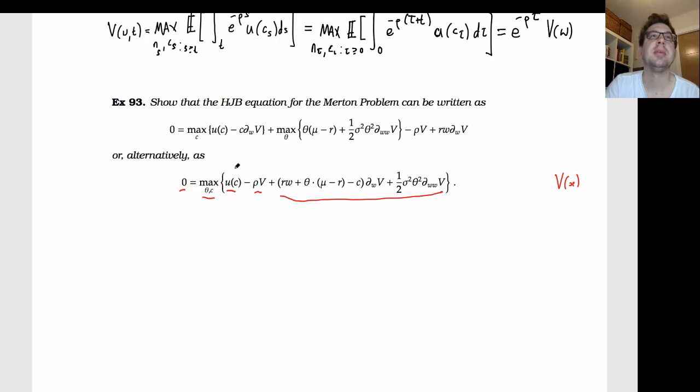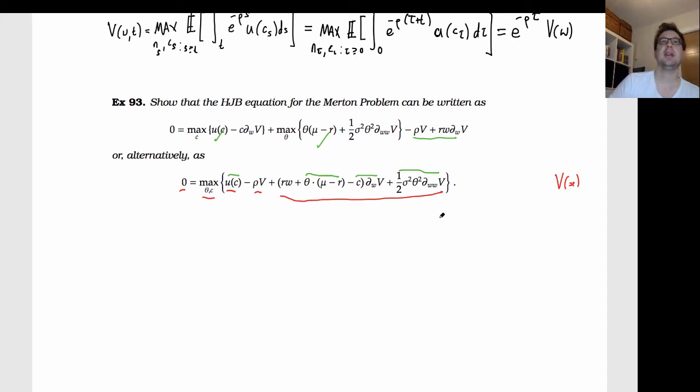If I just pick up the terms that are to do with C, then this term is to do with C, and this term is to do with C. That just gives me this expression over here. Then I pick up the terms that are to do with theta, which is essentially this term and this term here, and then all the remaining terms don't have anything to do with theta.